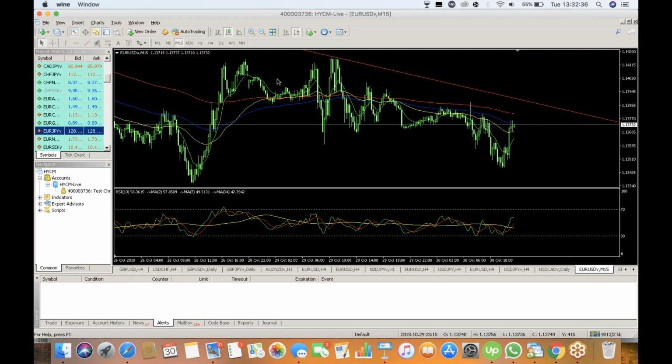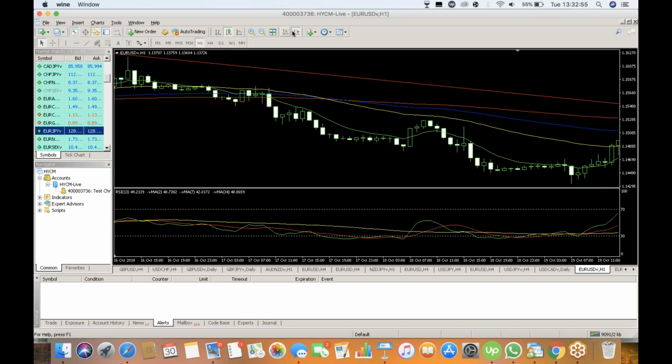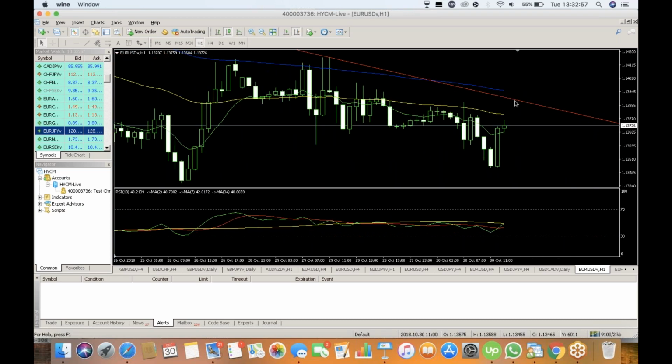Looking at the 15-minute chart, we're seeing that price is moving up against the 100 moving average. So we'll come back to this chart later in the session and see how things are developing. But as I'm looking at that, the place to really focus on and pay attention to is this area here. That's the standout for me.